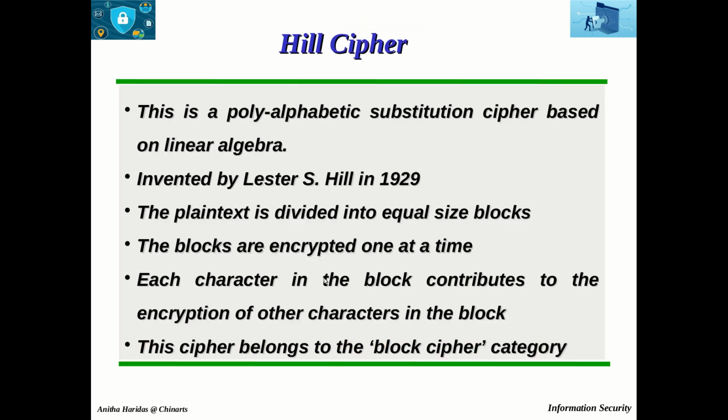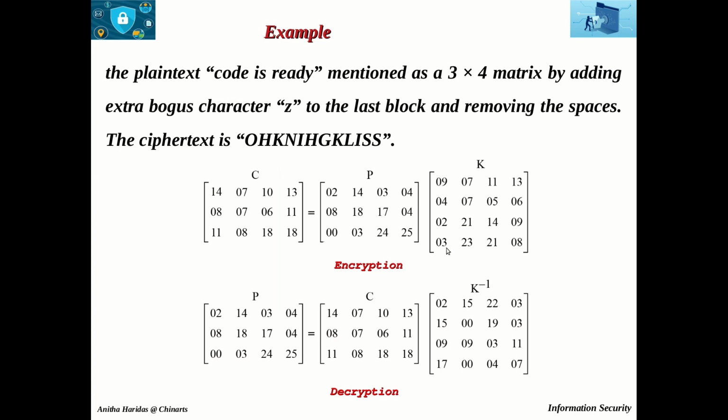I repeat, in the Hill cipher we have a polyalphabetic substitution cipher using linear algebra, and here the plain text will be divided into equal size blocks. So that is what we have seen here. "Code is ready" is divided into blocks of 4 characters each.